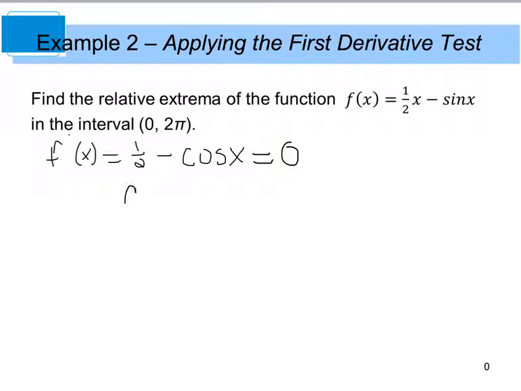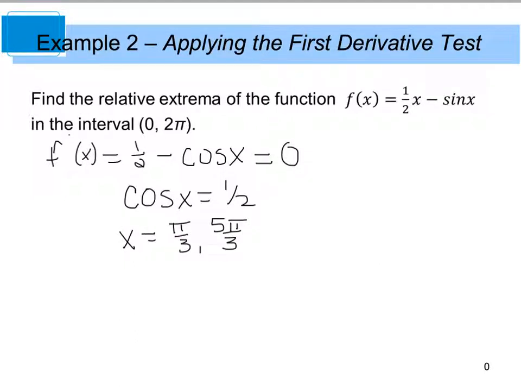So I end up with the cosine of x equals 1/2. Well, on the interval from 0 to 2 pi, I know that my critical numbers of x are going to be pi over 3 and 5 pi over 3.